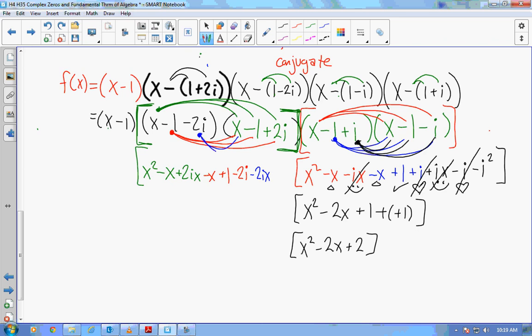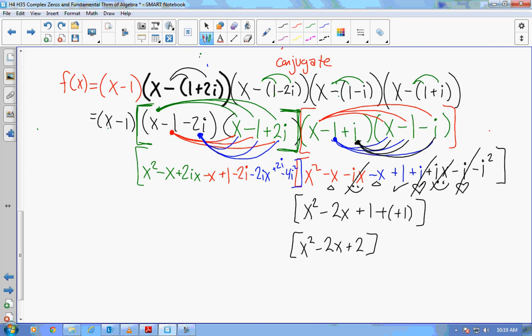Negative 2i times negative 1. Negative times negative will make it positive 2i. I'm running out of room. Okay, and negative 2i times positive 2i. Negative 4i squared.